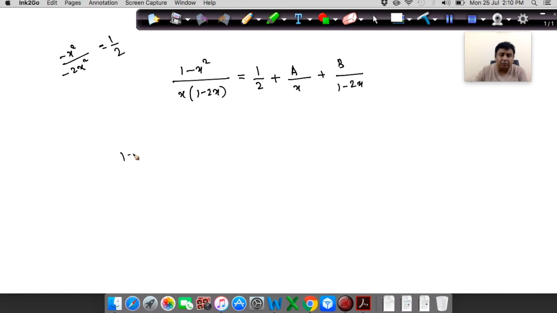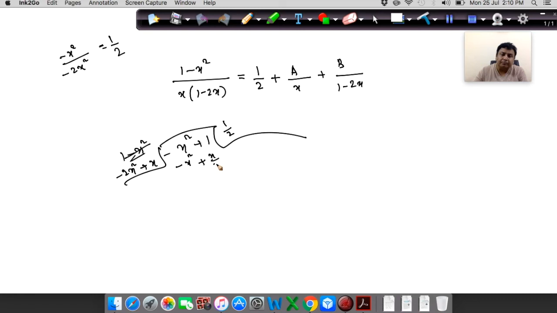I'll show you. 1 minus x square, basically that's minus x square plus 1. Now let's divide this by minus 2x square plus x. So you see I have to write a half here. Half into minus 2x square will give me minus x square. And then we get x by 2.